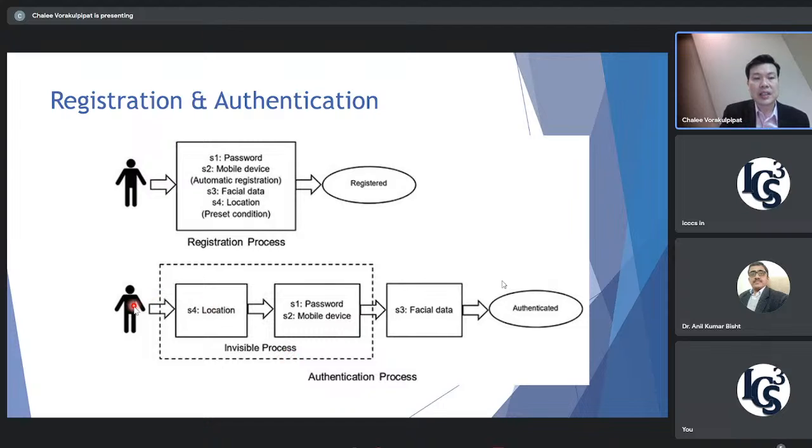So if we click it, it seems people are directed to face recognition immediately, but actually they already passed the location and mobile device checks. So the user just scans their face, and that's it. If the system can verify it is a legitimate user, the user will be indicated.